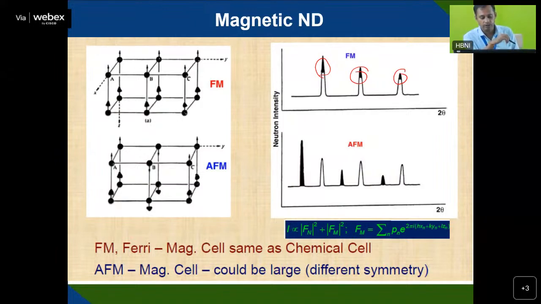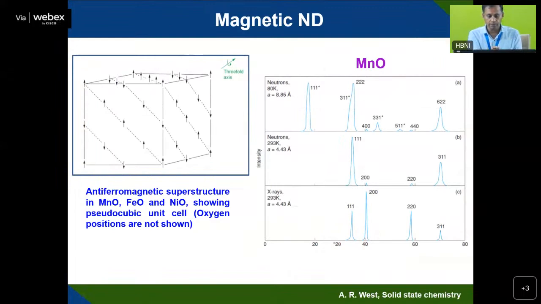But in antiferromagnetic interaction, some peaks can be absent, or some additional peaks appear from the antiferromagnetic coupling. The chemical cells are the same, but the magnetic cell could be larger with a different symmetry, because the spins interact oppositely, so you can get a different symmetry here.